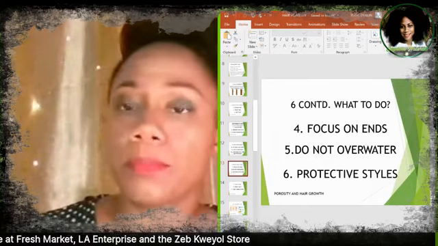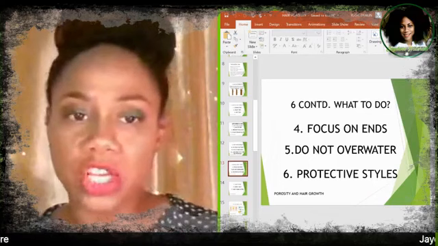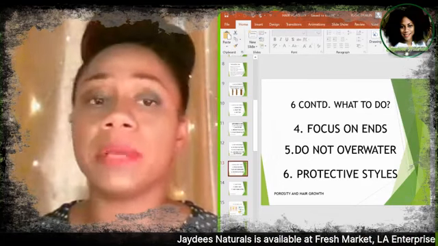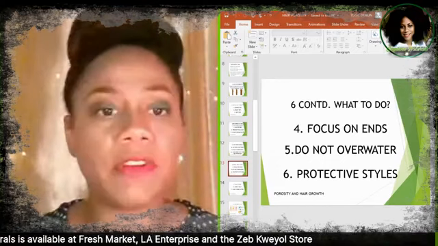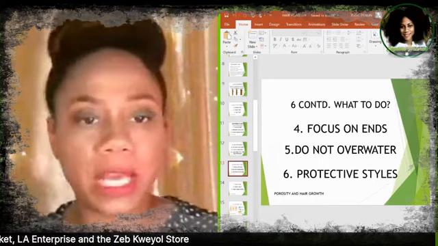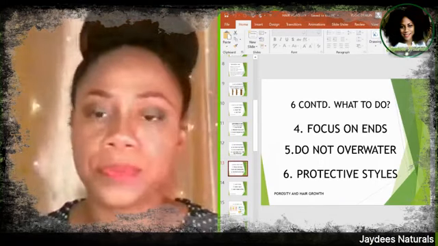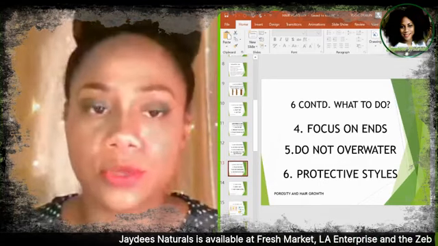And people with low porosity hair, you might find that to stretch your hair and keep it stretched might be a little more of a challenge than for someone with high porosity hair. People with high porosity hair can stretch the hair, put it in bantu knots, and when they undo it, it's nice and stretched out. People with low porosity hair, however, need to use heat to do that.